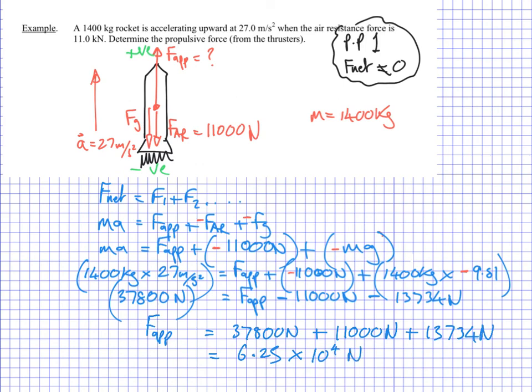Okay, so the propulsive force of the thrusters is 6.25 times 10 to the 4 newtons, and of course this is upwards.